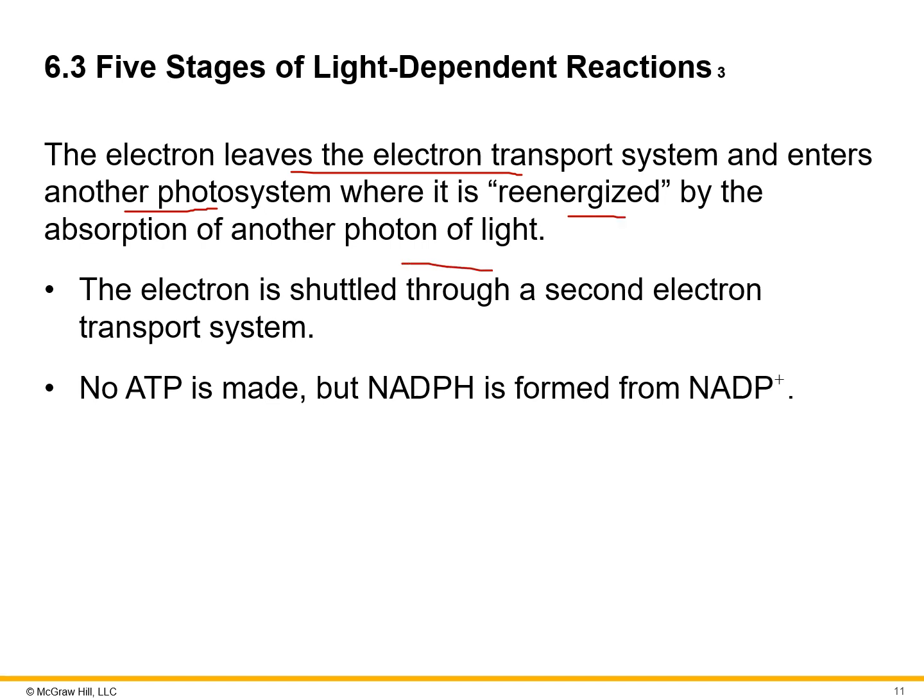Now this time, as the electron moves through that second electron transport chain, no ATP is going to be made. Instead, we're going to get the production of NADPH. So electrons coming off some photosystems make ATP, those coming off others make NADPH.